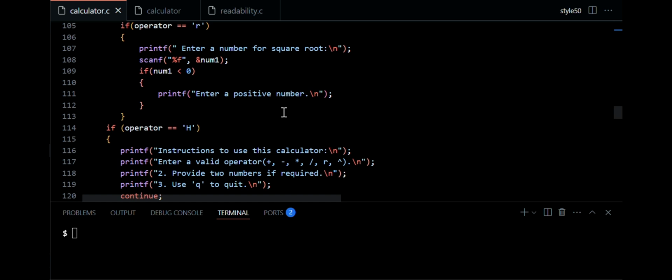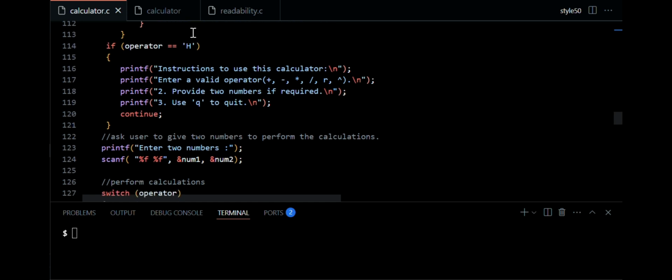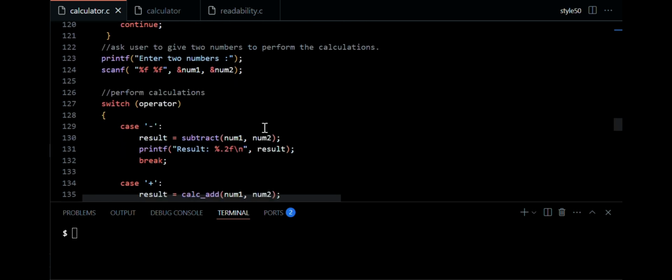If the operator is h, if the user types in h, my calculator is going to help them. It's going to provide some basic information about that.